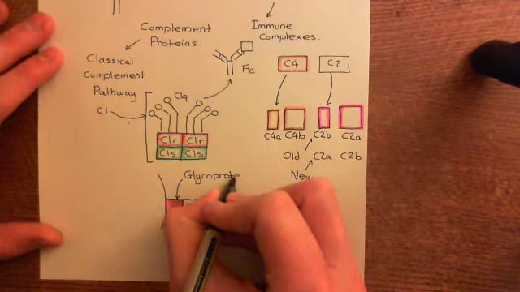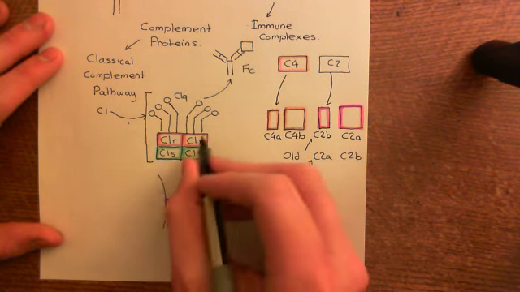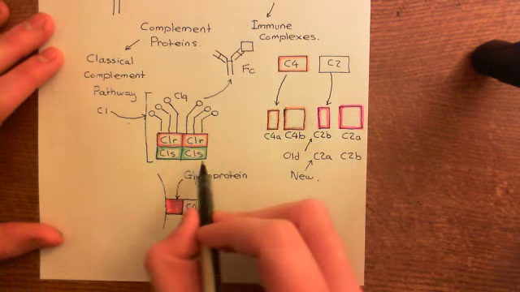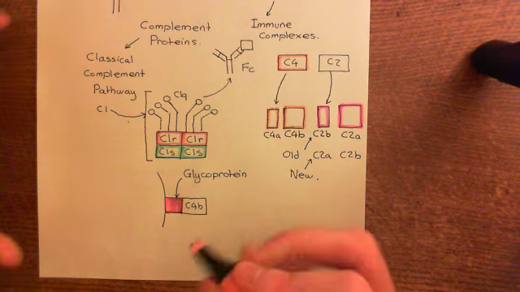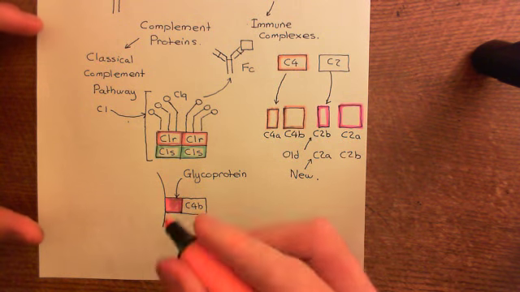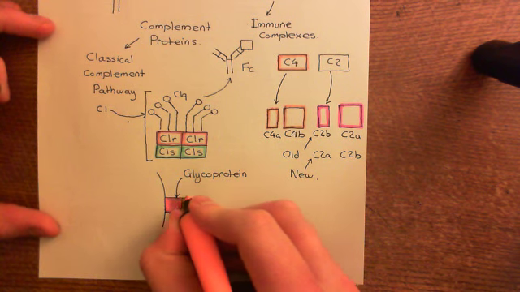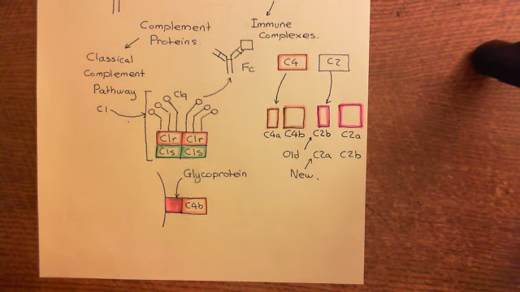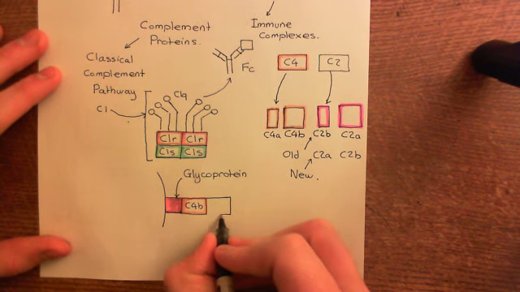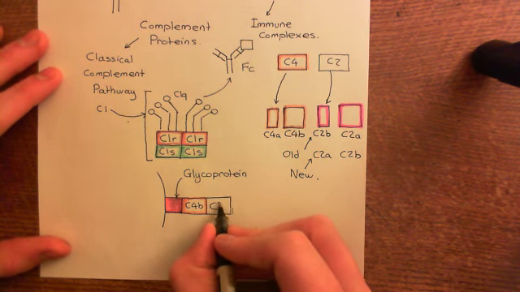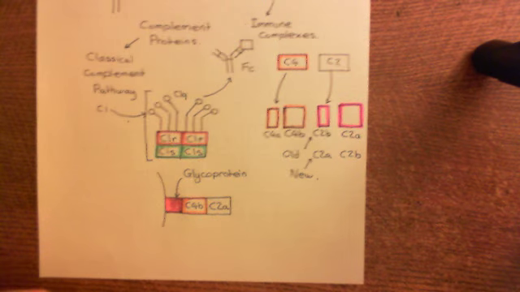And then what will happen is the C4b, this is now currently floating around in the interstitial fluid after this enzyme structure has acted on it, that will bind to the surface of this glycoprotein. Okay, so here is the C4b, the big fragment that we got from C4, and now the big fragment from C2 is going to assemble on top of that, and I'm going to call the big fragment of C2 C2A.